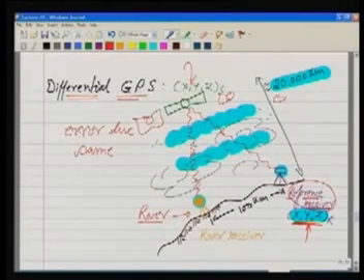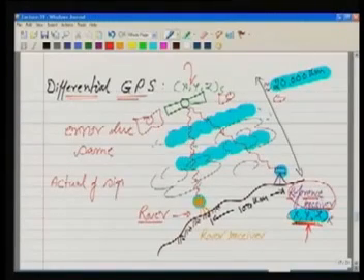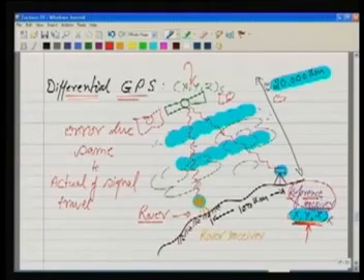So by this information, we can compute the actual time of signal travel.